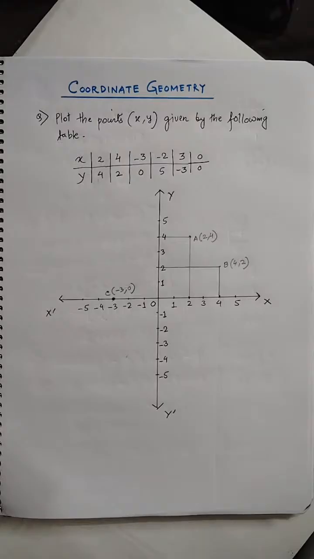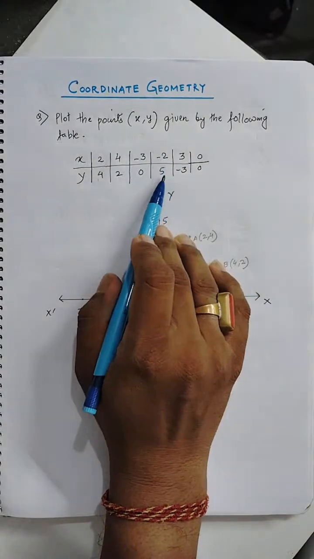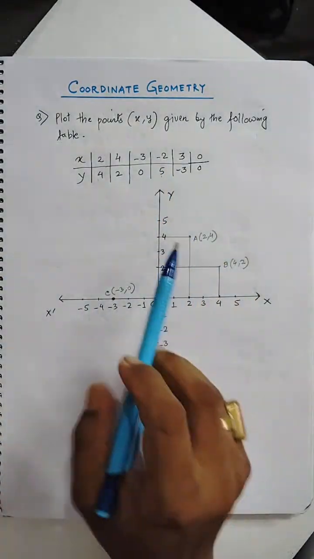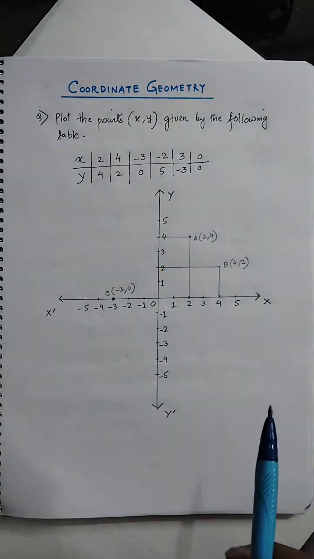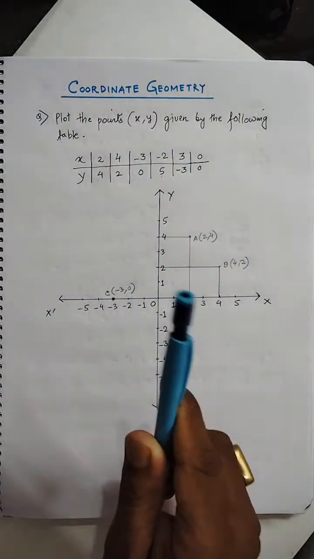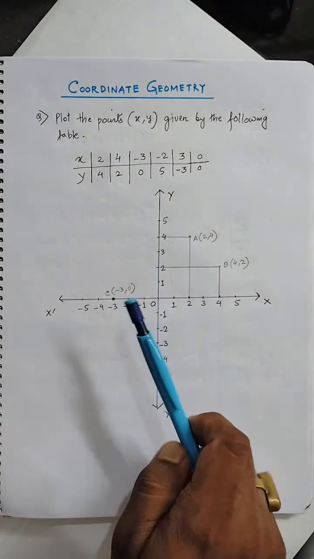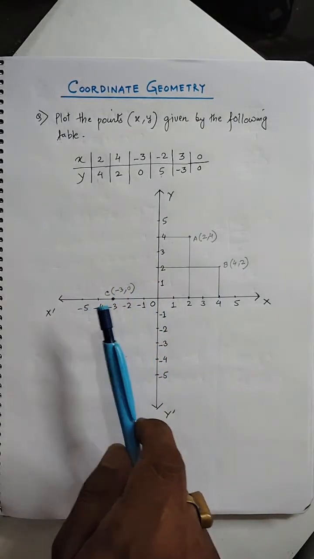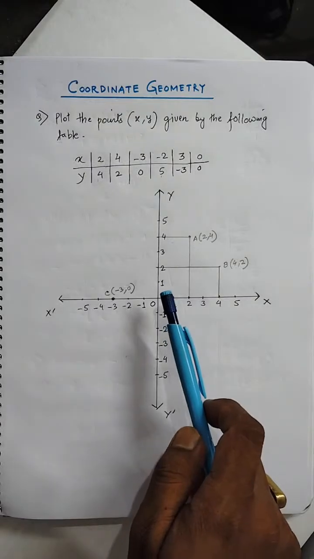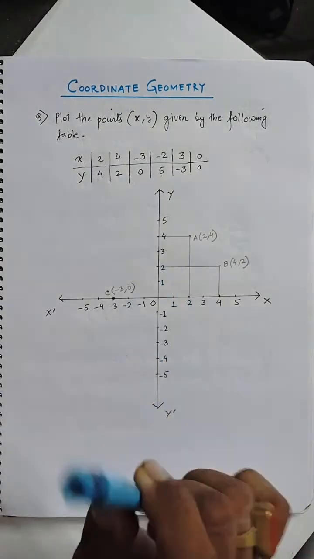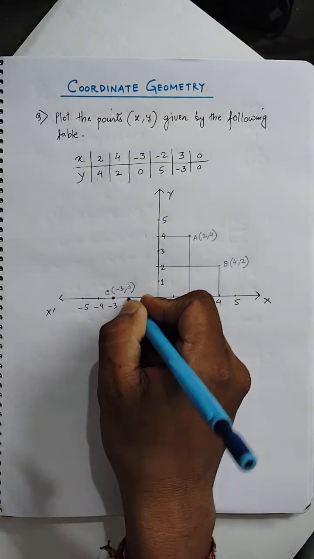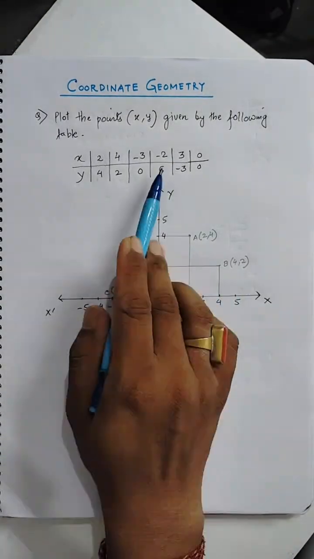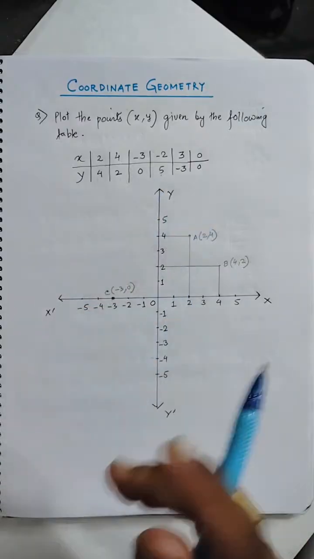Okay. Next, -2 and 5. So here x coordinate is -2 and y coordinate is 5. That means this will lie on the second quadrant because here the value of the x coordinate is negative and the value of the y coordinate is positive. Okay, so x is -2, so we will start here and the value of y coordinate is how much? 5.